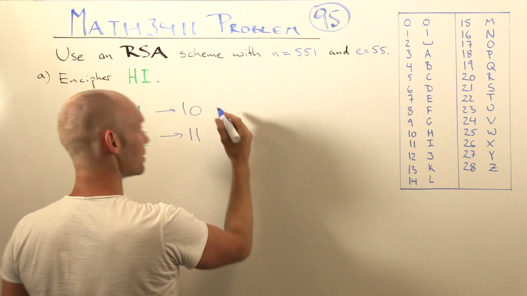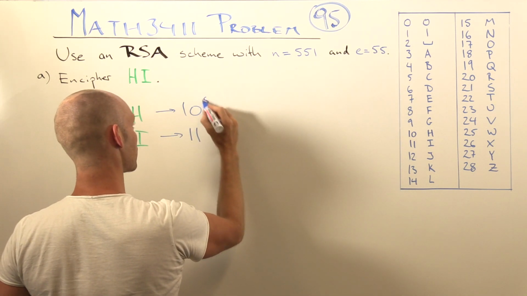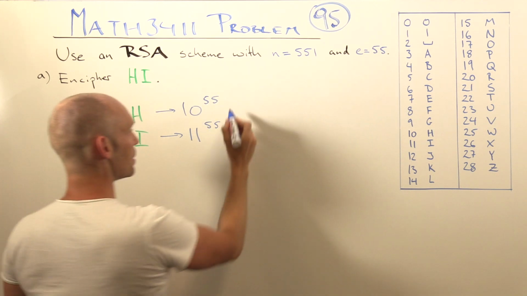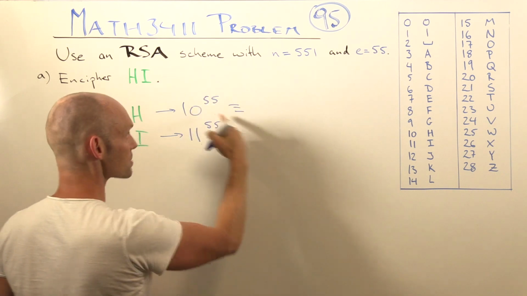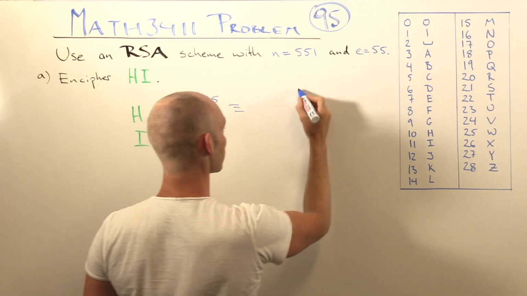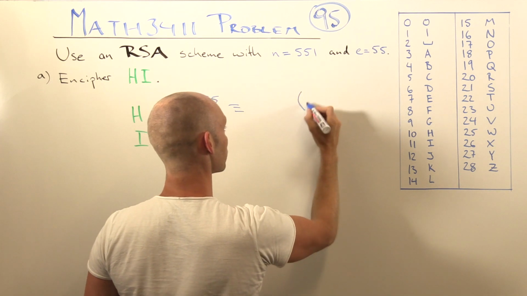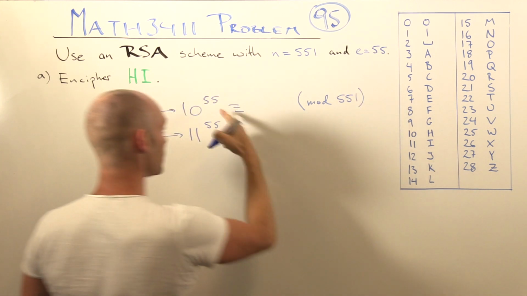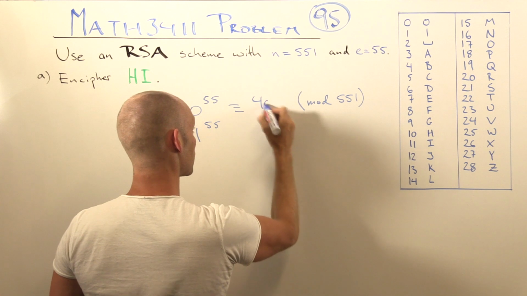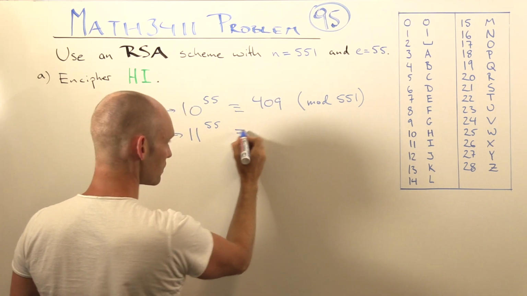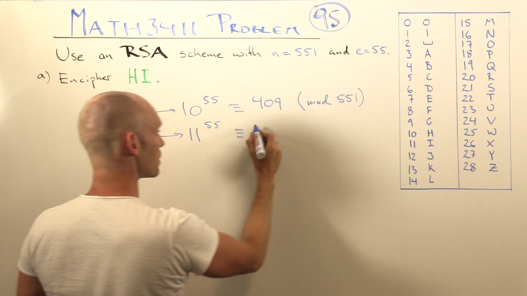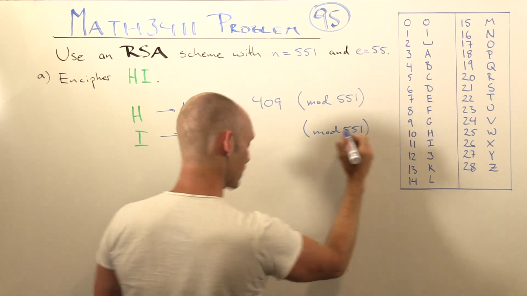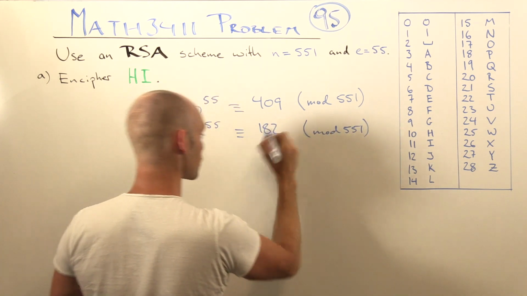We use it very simply like this. 10 to the power of E is just 10 to the power of 55, and then here we've got 11 to the power of 55, and we work out what this number is mod N, in other words mod 551. You work out that 10 to the 55 is equal to 409, and 11 to the power of 55 mod 551 is 182.